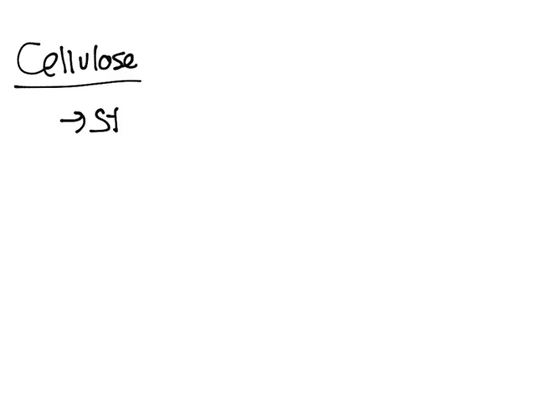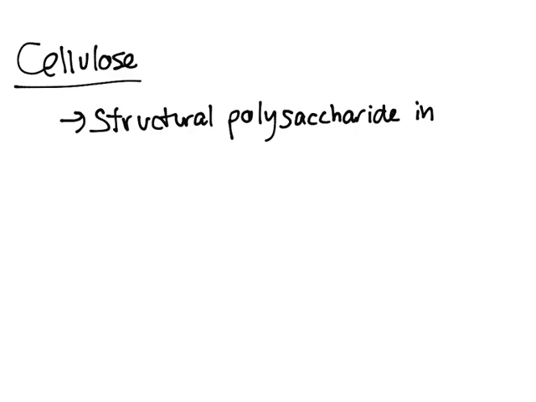And then finally we have cellulose, which we cannot digest. Only bacteria have the enzyme to break down cellulose. So cellulose is a structural polysaccharide in plant cell walls.